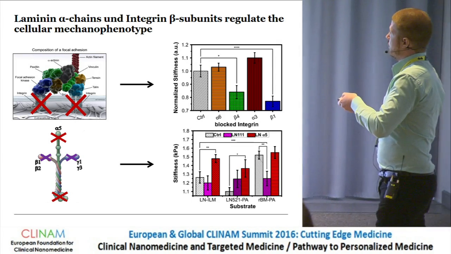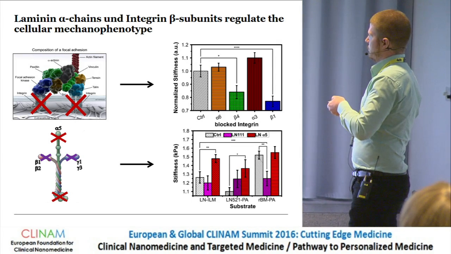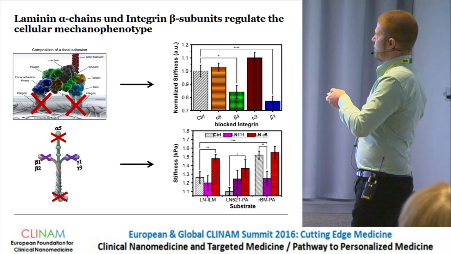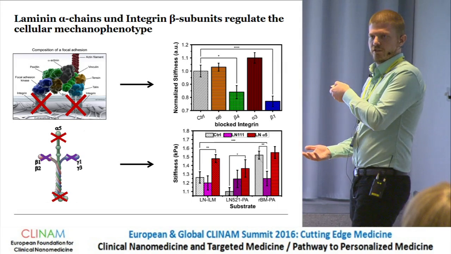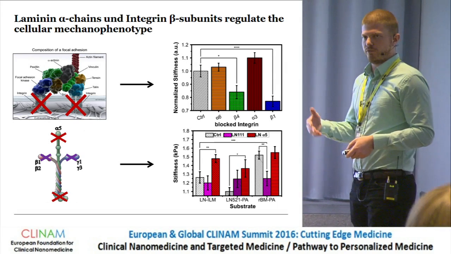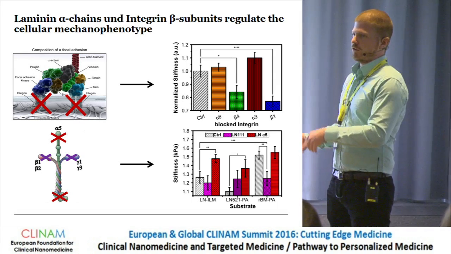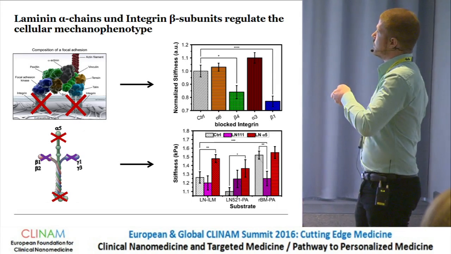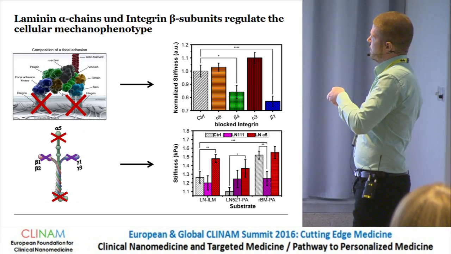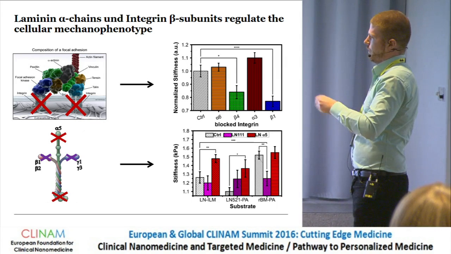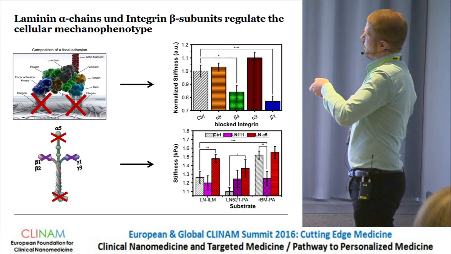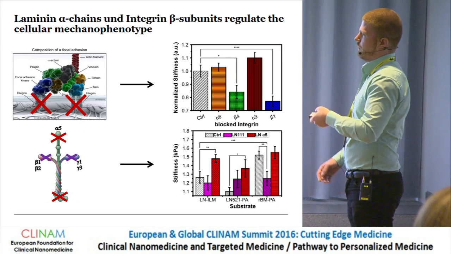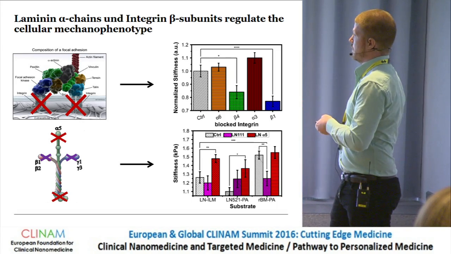And we find that upon blocking beta integrins, the stiffness of the cells is reduced, which is the same finding that we have in cancer, which also goes together with a loss of integrins in breast cancer at least. For the laminins, the case is a bit more complicated. There you have a wide array of alpha chains, and depending on what chain you block, you get either an increase or decrease in cell stiffness.